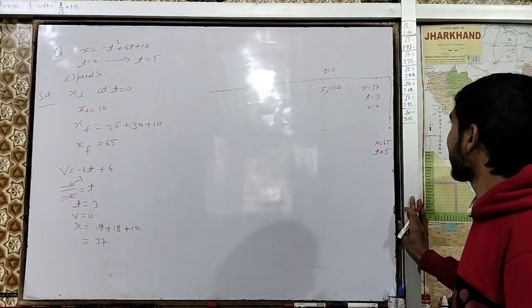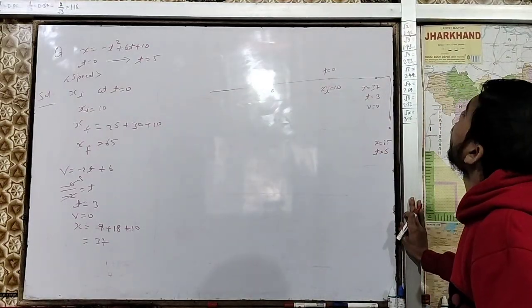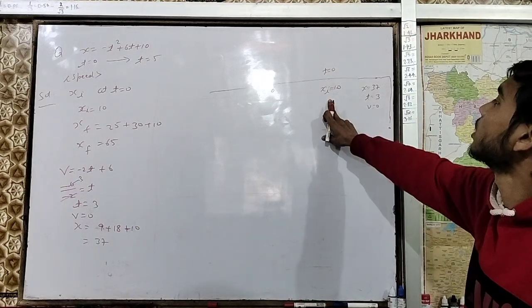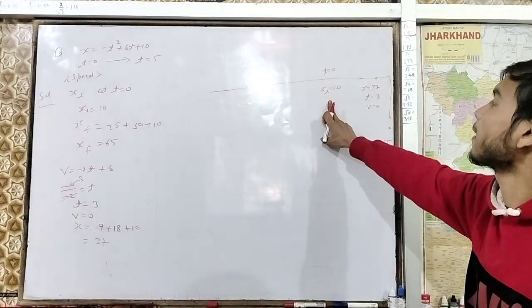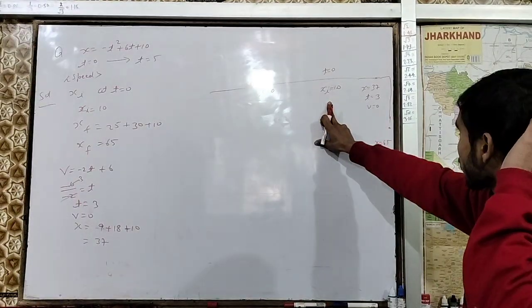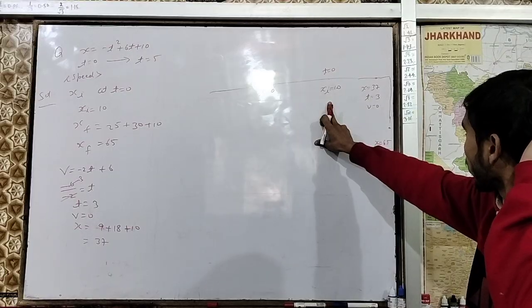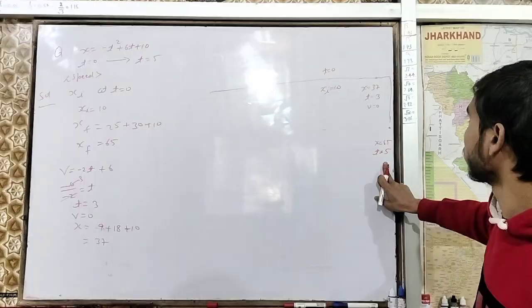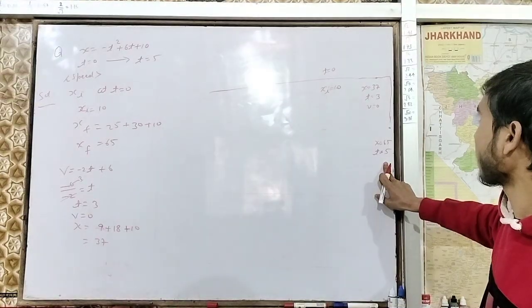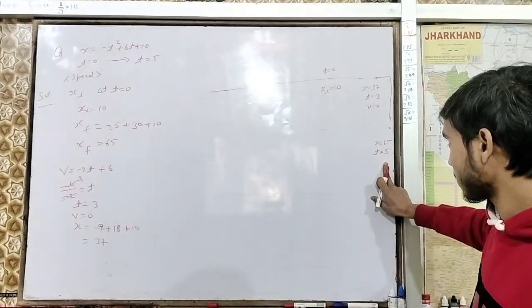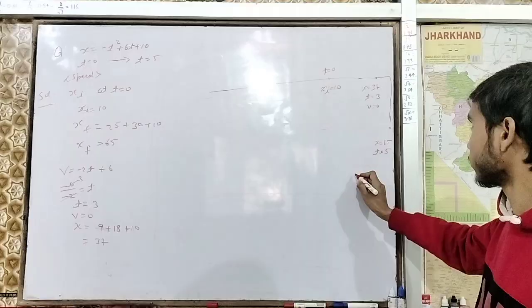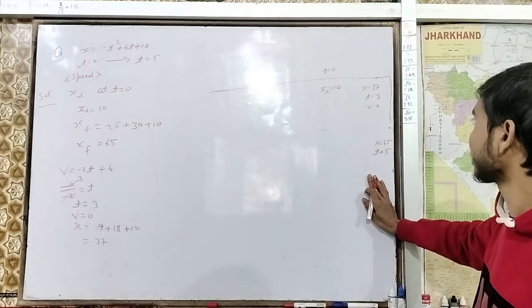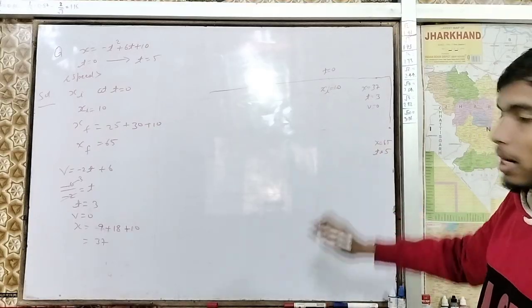Means he started running from here, 10, then he went over here, 55. This is your pattern, like this.